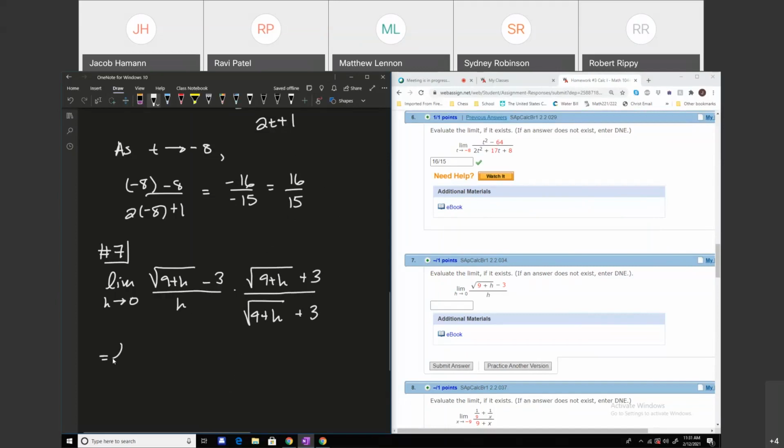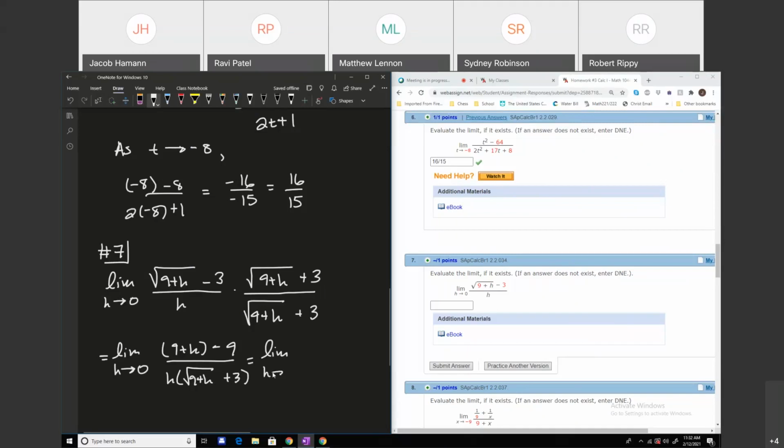So we get the limit as h approaches 0 of 9 plus h minus 9 over h times square root 9 plus h plus 3.